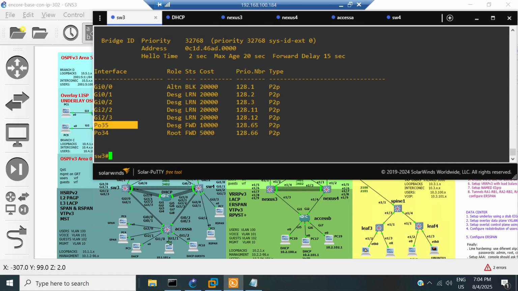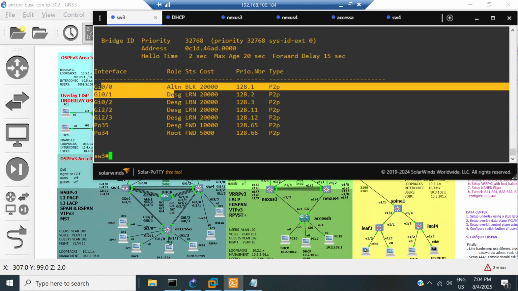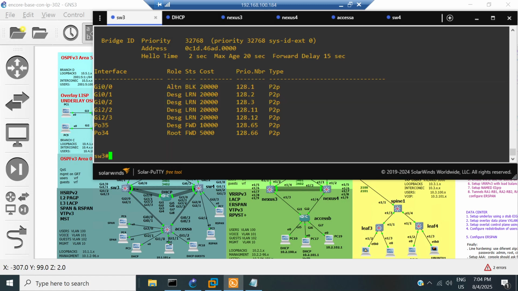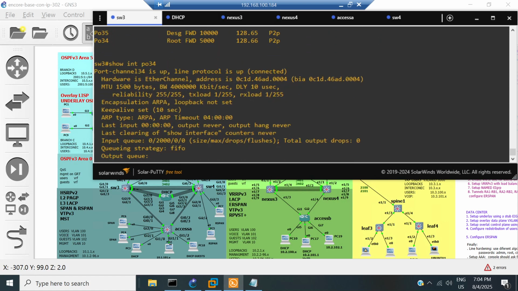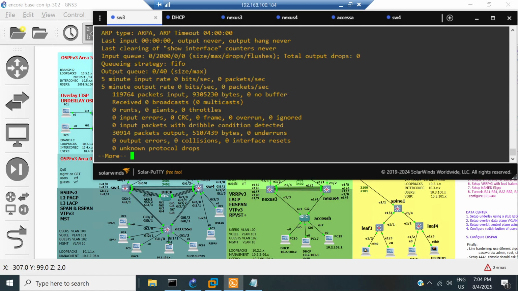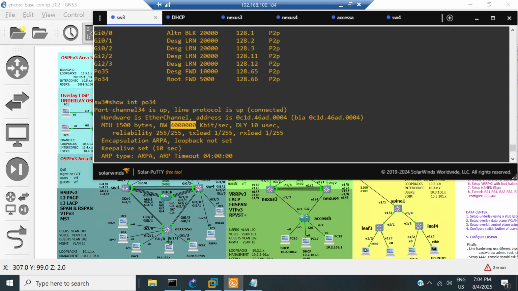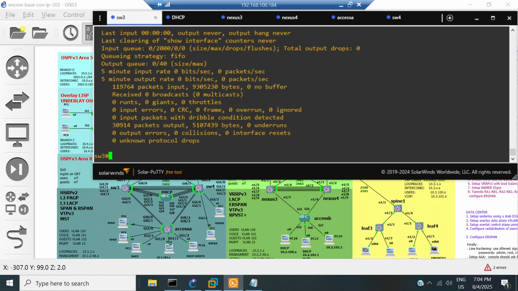Port channel 35 should be 2 gigabit per second, and these other interfaces are 1 gigabit per second. So that is why we are receiving different port costs. So show interface port channel 34. Its bandwidth is set to 4 gigabit per second because it is bundling 4 interfaces together.